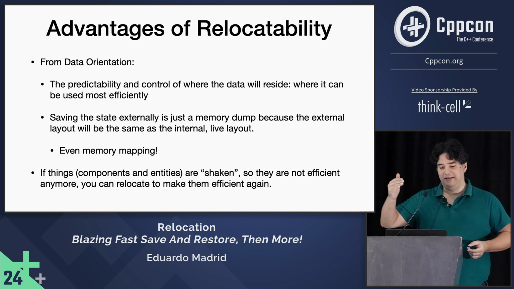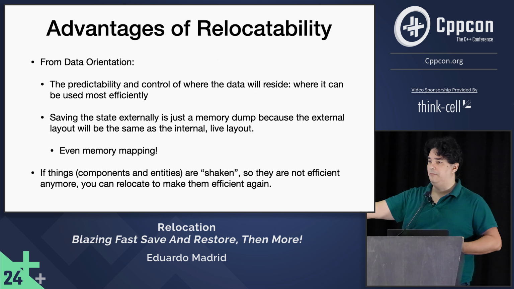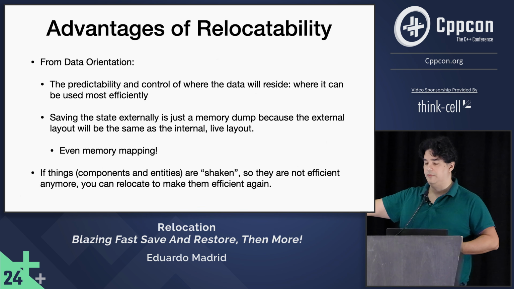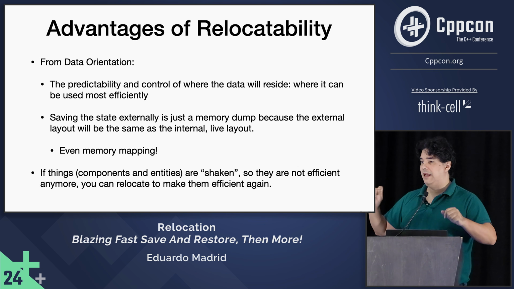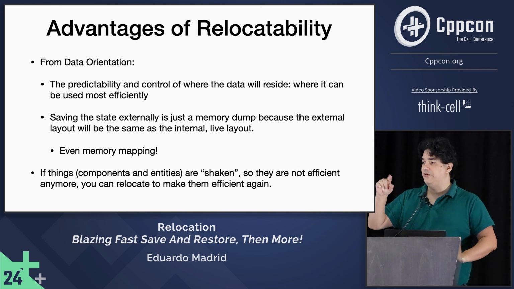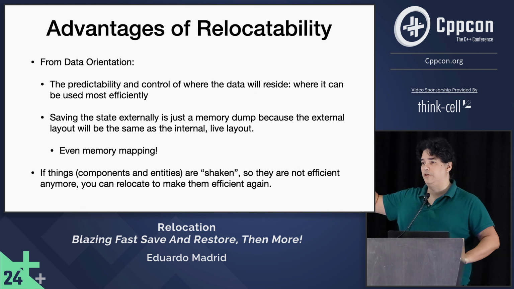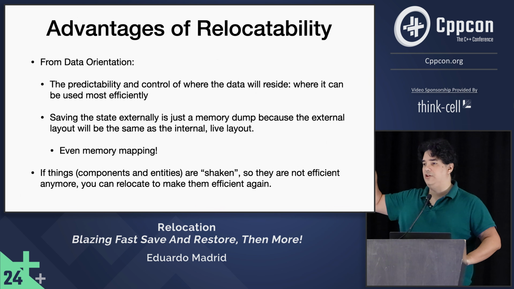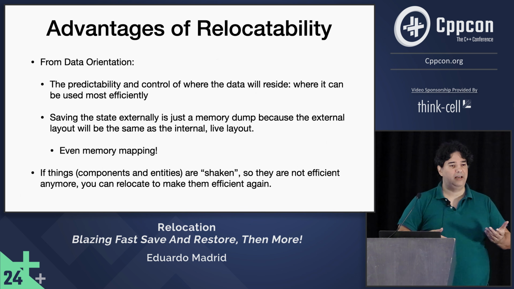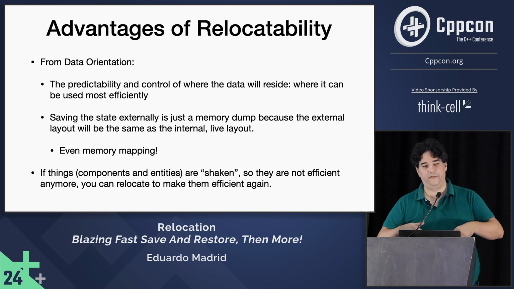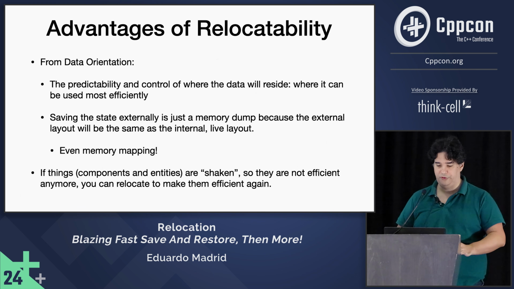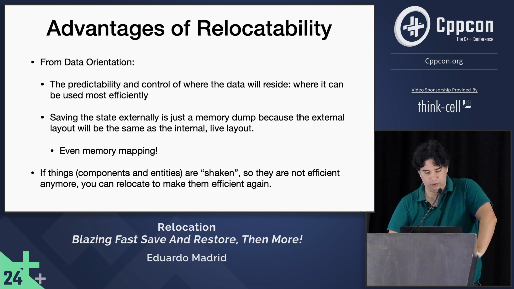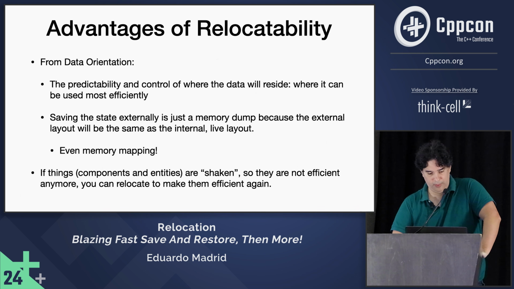Another thing is that saving the state externally is just a memory dump or a collection of memory dumps, which is so much easier, so much more performing than the process of creating a serialization infrastructure that will traverse relationships between objects and serialize them. And the opposite, deserialization, would also create a flood of small allocations, and it's going to be a host of problems. I hope that you see without me having to dive too much into how many of them.